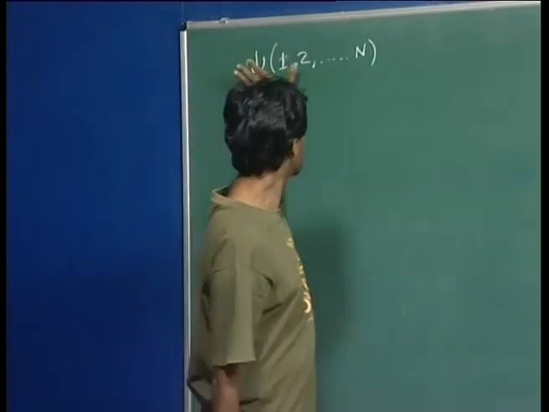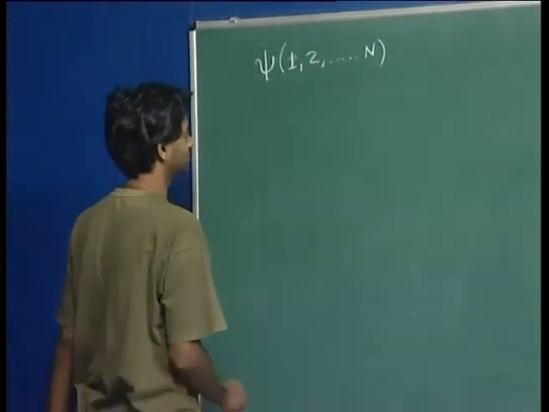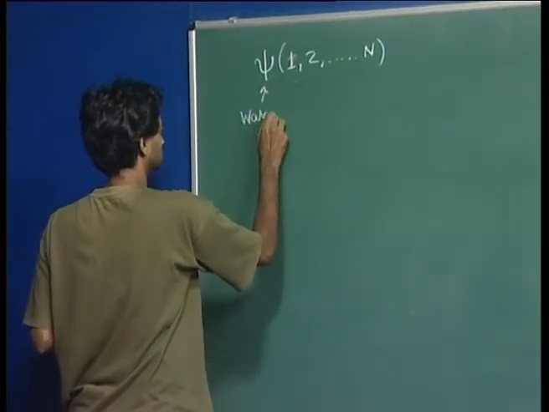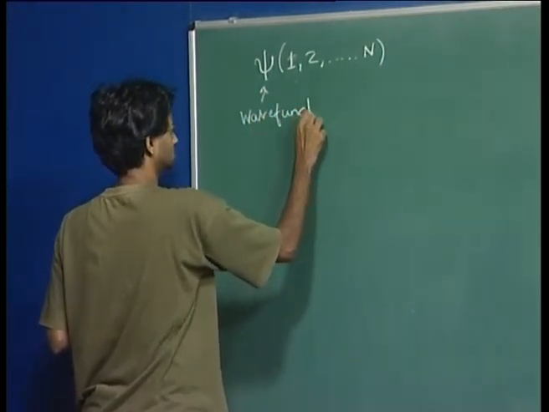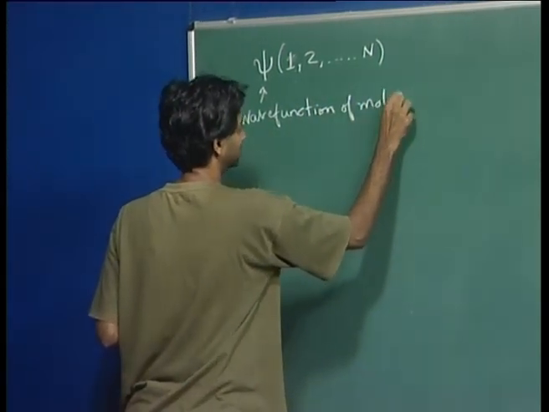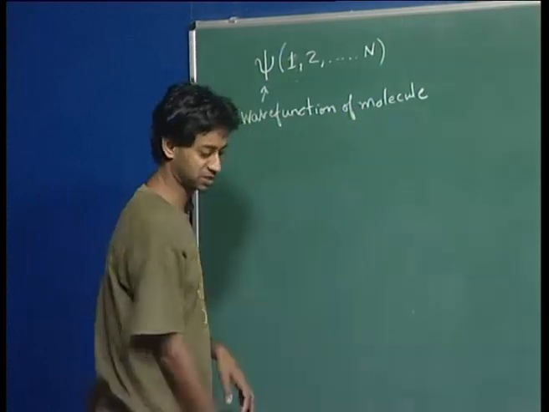Okay, so this is a molecular wave function. So this is the wave function of the molecule. And in particular, I should say this is the electronic wave function of the molecule.